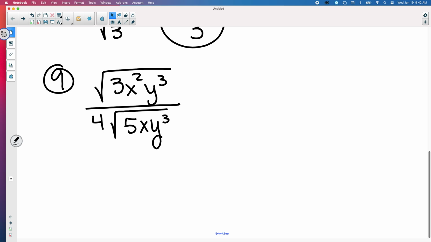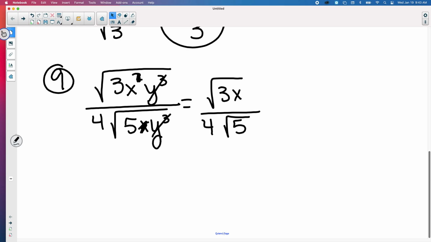If I were you, I would go ahead and simplify the under radical part. So the 3 and the 5 won't simplify, but what about the x squared and the x? When did you take the x out? Yeah, so this x would cancel, and so you'd leave with 1x on top. And then what happens to your y cubes? Cancel out. So you have radical 3x over 4 radical 5.